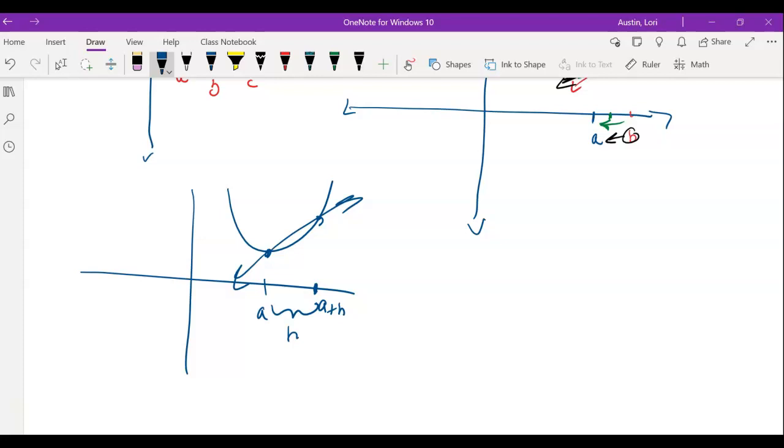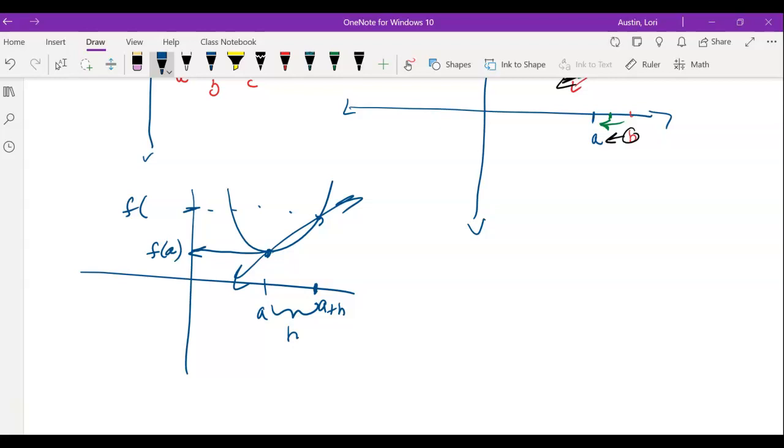Now, to do a slope, you know we need a change in y over a change in x, correct? So I not only need my x values, I need my y values. So let's come over here. Well, whatever my function is, this is f of a, correct? And then this one would be f of what?